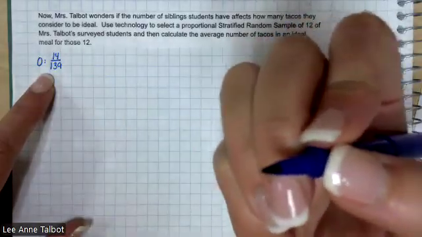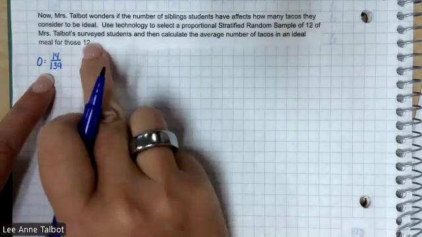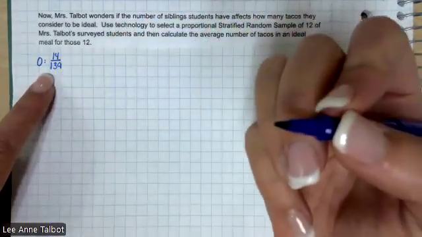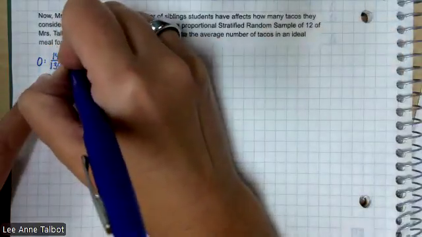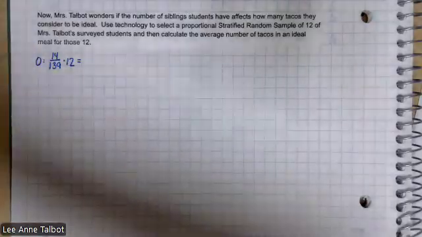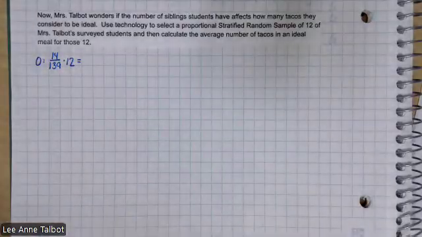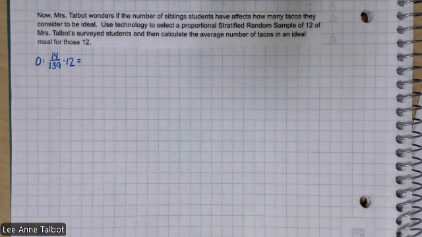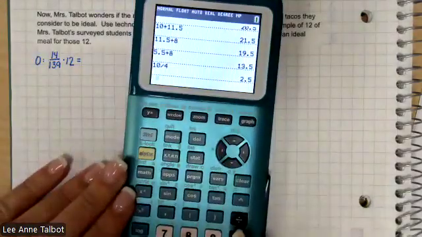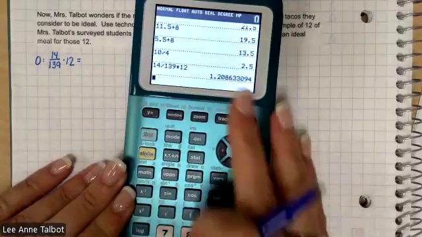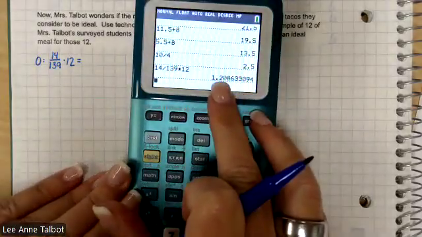And again, that's just a number that I just chose randomly. It was from table D because I didn't want to do 15, remember? Okay, so 14 divided by 139 times 12 is 1.2, but where is my calculator? Okay, so you guys see I got 1.2.